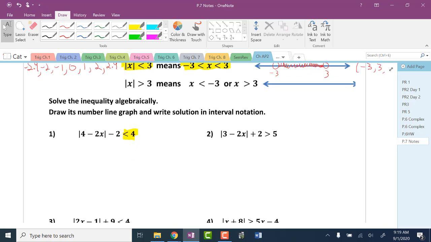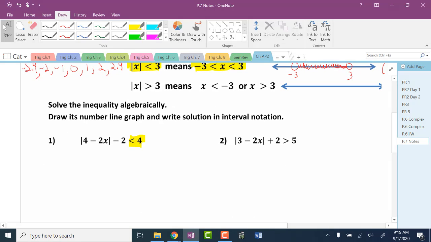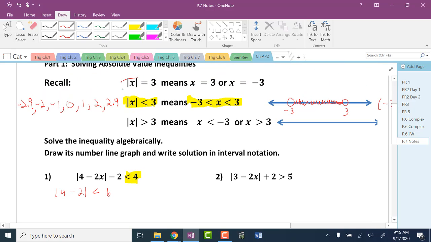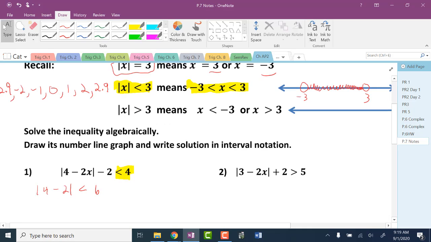So let's look at this, and maybe we can use that information. First of all, what I taught you is this. You must isolate the absolute value before you can set up two cases. Now I'm going to go back up to this. Of course, when you have an equation, the absolute value of what equals 3? And the answer is 3 and negative 3, so there are two cases.